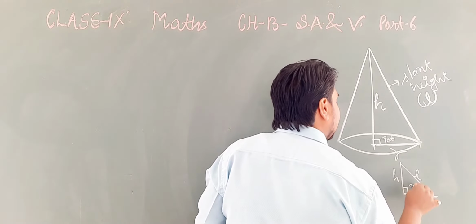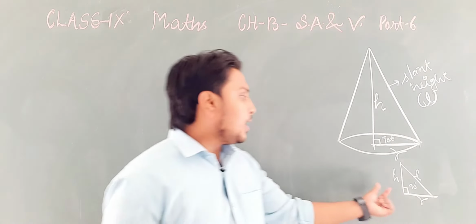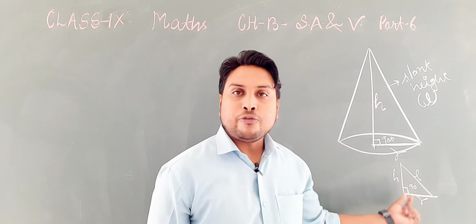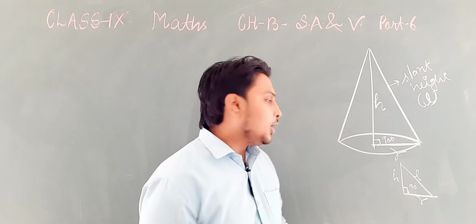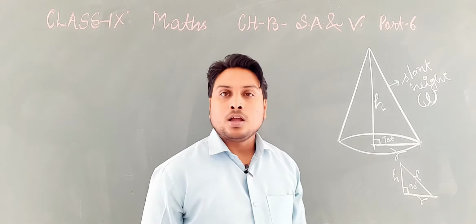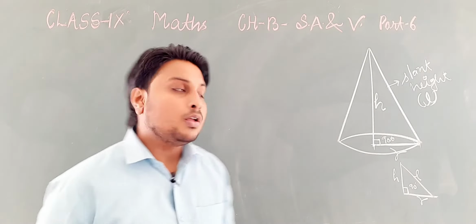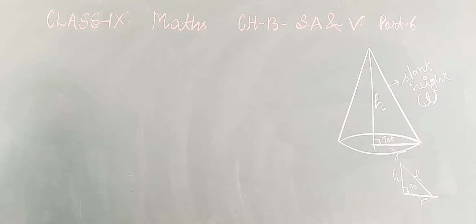And here it is 90 degrees, so what can you say? This is a right angle triangle. If it is a right angle triangle, then we can find a relation between slant height, vertical height and radius of the base of the cone. So what will be that relation?